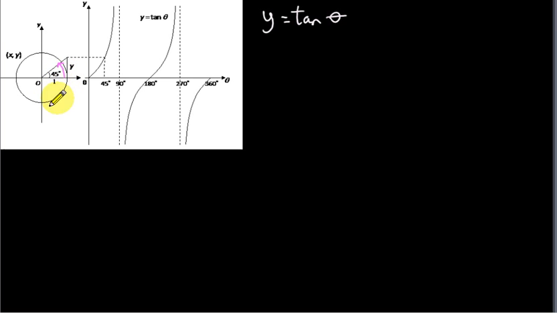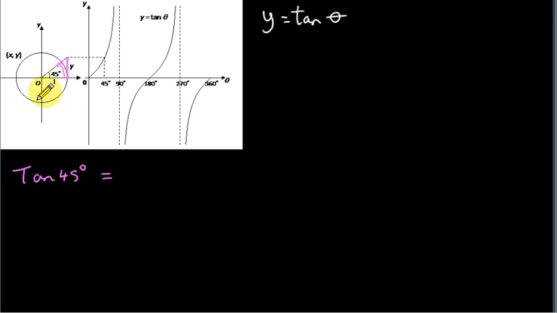And to get the tan of 45 degrees, for example, we construct a right-angled triangle with a tangent drawn at this point here, and the tangent is cut off by this line here. So we want the length of this tangent.